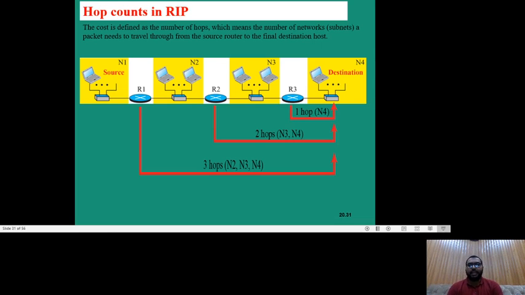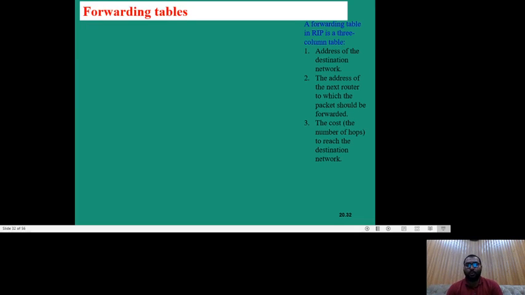We will see the internals and the packet format of RIP in a while.